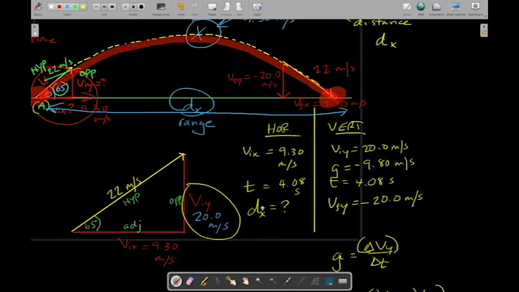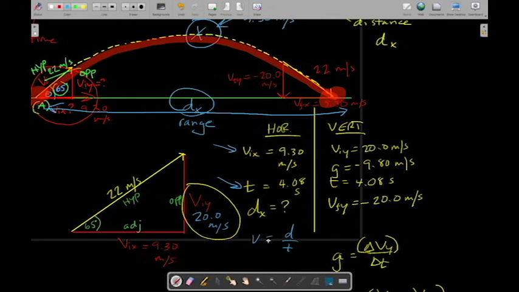Notice that because we know our v initial x and we know our time, we can solve for our dx by using this equation. Velocity equals distance over time. Keep in mind, because d sub x is a horizontal component, we're constrained to using only the horizontal data as given to us in the table.